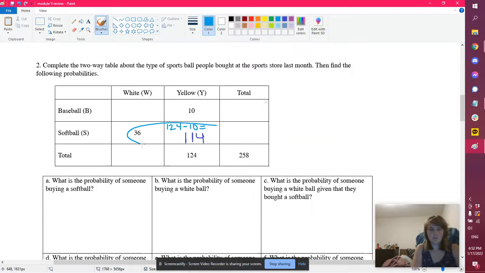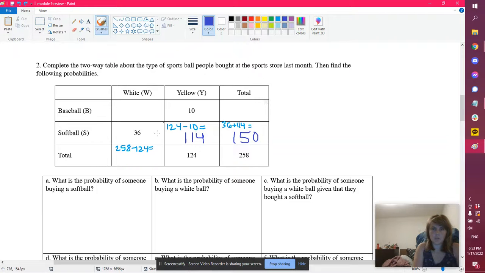Then this total is 114 plus 136, or plus 36. So that's 150. That seems kind of right. Let me do that. And now we've got more that have 2, right? This one can be 258 minus 124.